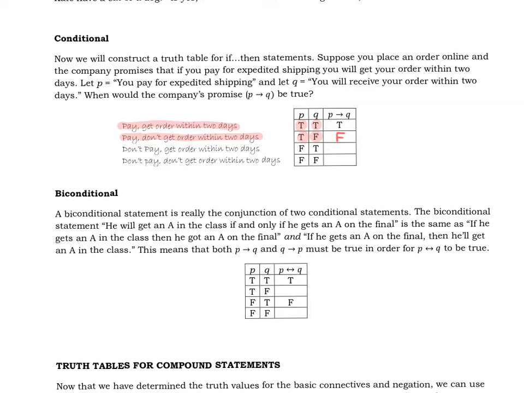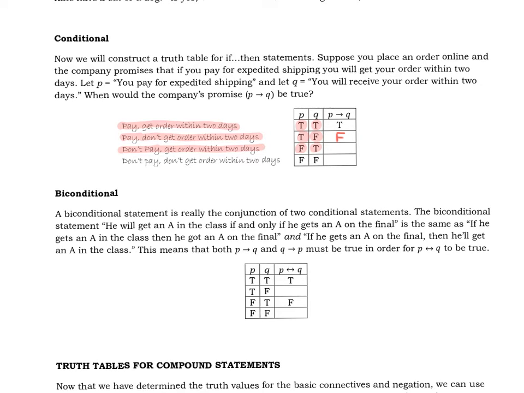Moving on to the next one. So P, you pay for expedited shipping, is false. In other words, you don't pay for expedited shipping. But it's true that you get your order within 2 days. Is their claim true or false? Well, did you get your order within 2 days? Are you a happy customer? It's actually still true.